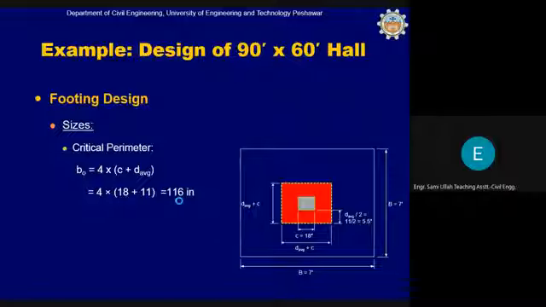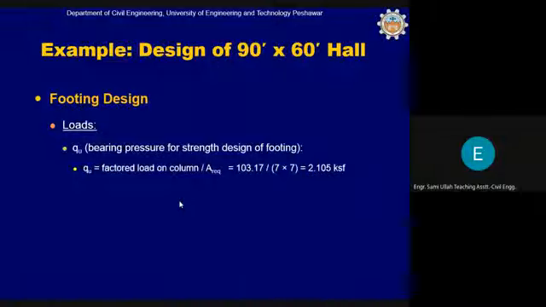Because in the calculation of bearing capacity, a factor of safety has already been considered. So when we calculate the size of the footing, we use service load divided by the effective bearing capacity. Because if we use factored load in the calculation of the size of the footing, then it will give us an unnecessarily larger size of footing with double factor of safety.